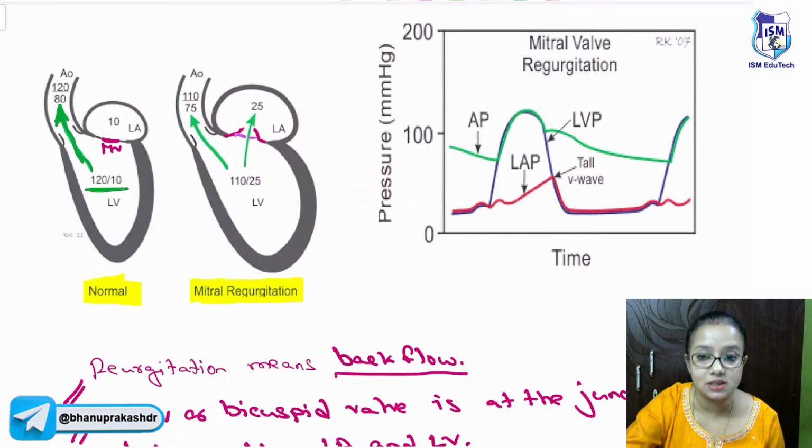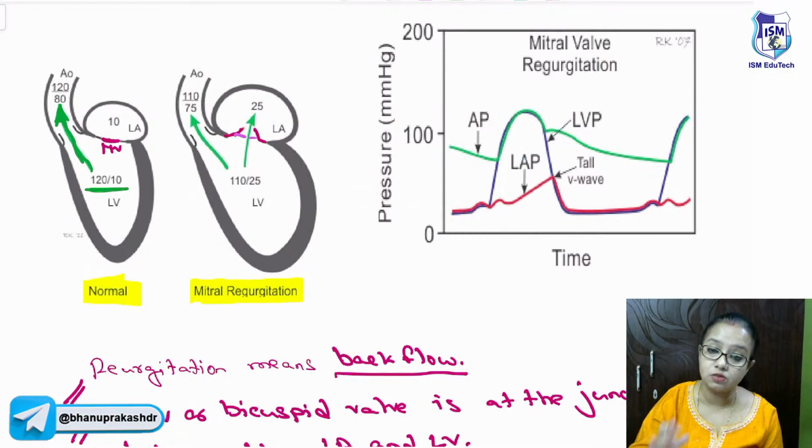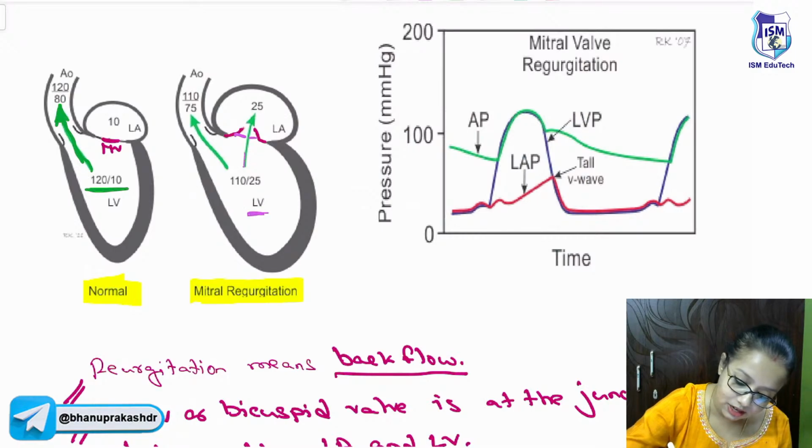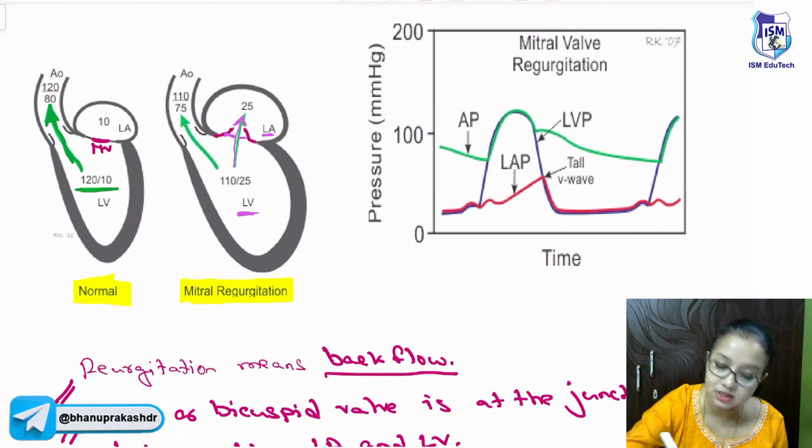In such a condition, what will happen even when there should be isovolumetric contraction or isovolumetric contraction has already begun? Because blood is liquid, it's not solid, blood from the left ventricle will always have a tendency to move backward into the left atrium through the gap between the flaps of the mitral valve or bicuspid valve.